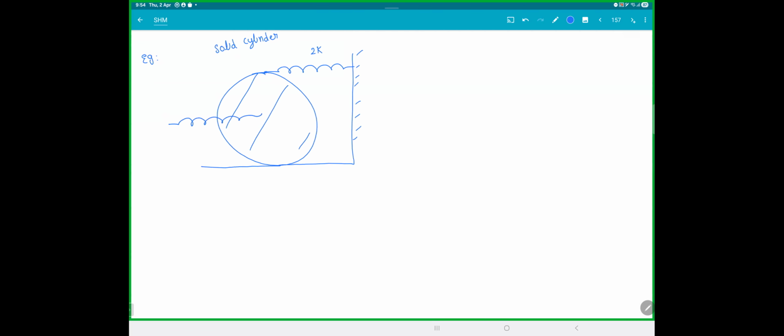We have one more spring here. This is K. Find the time period using the energy method. Solid cylinder, mass m, radius r. No slipping. You guys give it a try. Let's use the energy method and find the time period for this. You know how to do it the normal way, but let's try with energy.